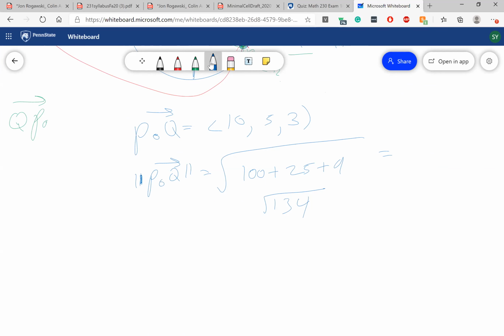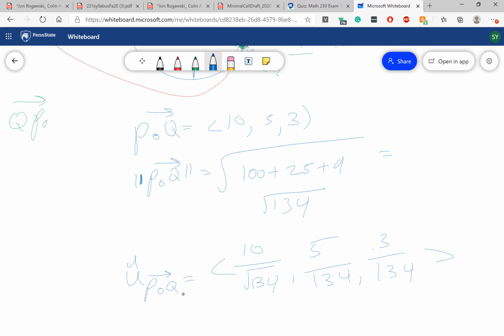So u hat of P0Q is going to be equal to 10 over the square root of 134, 5 over the square root of 134, and 3 over the square root of 134.